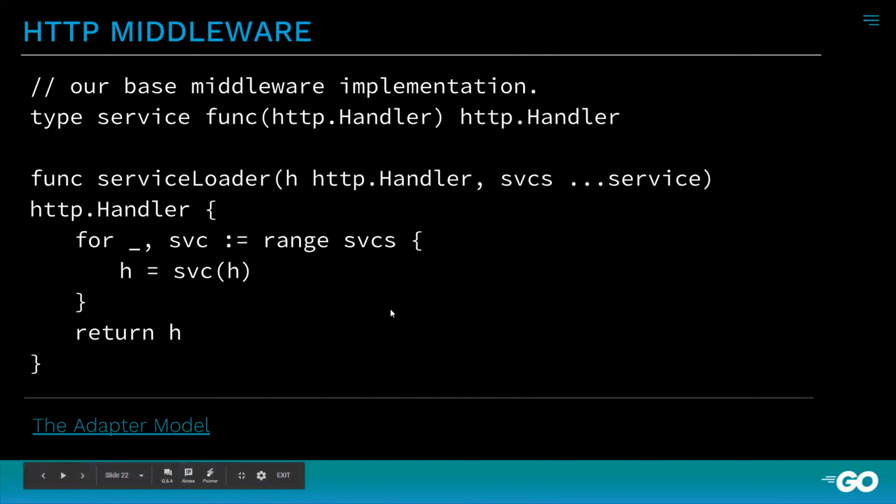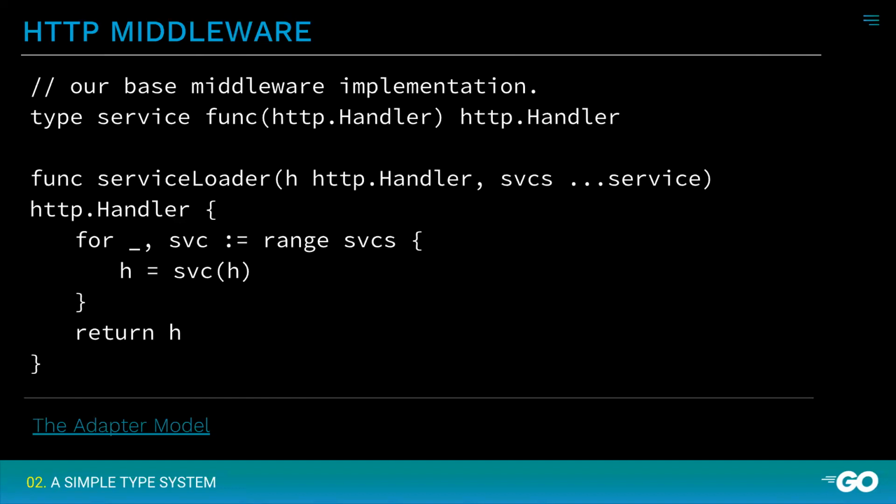So what I implemented is what's called the adapter model. Basically, it allows you to build an HTTP handler that does whatever you want. Then right before we actually initialize the server, you can loop through every adapter that you've created and add them, so that you can build your middleware in a really easy and maintainable way.